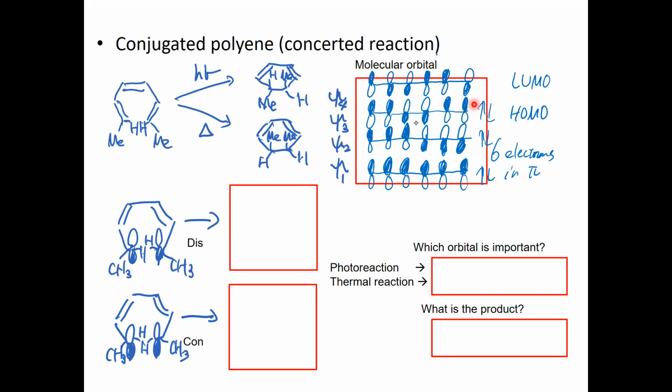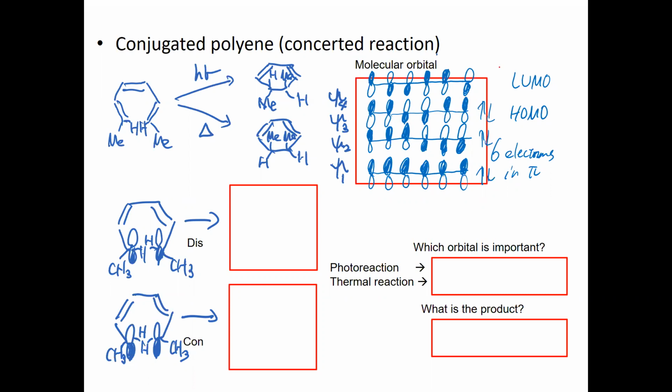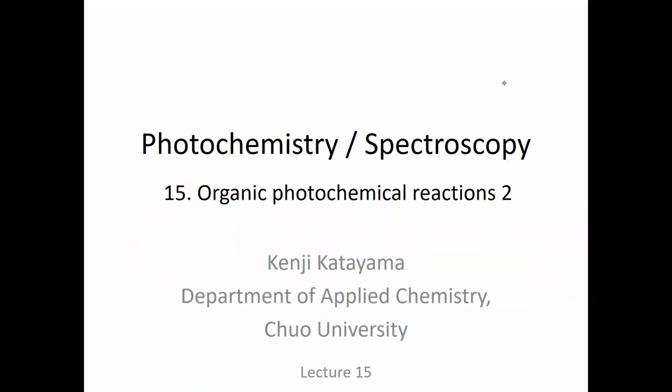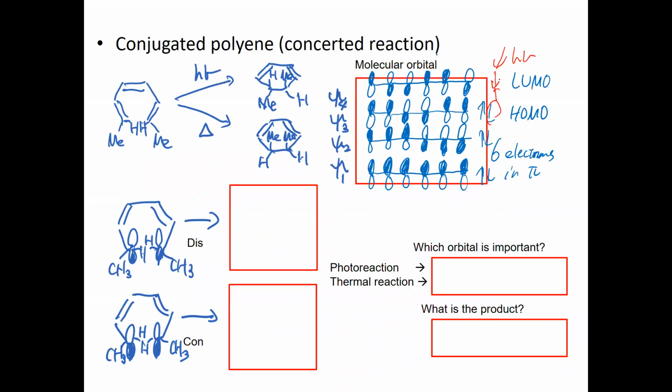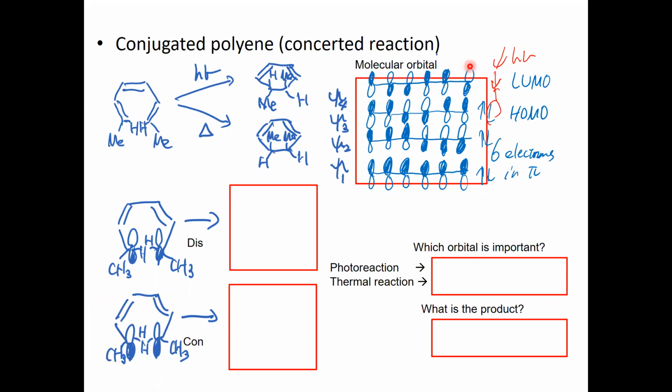On the other hand, if light is illuminated, one of the electrons comes up to here, meaning that the LUMO is important. And in the case of the LUMO, you can see the edge parts now have opposite phase, right? That's the important thing to understand the reaction.